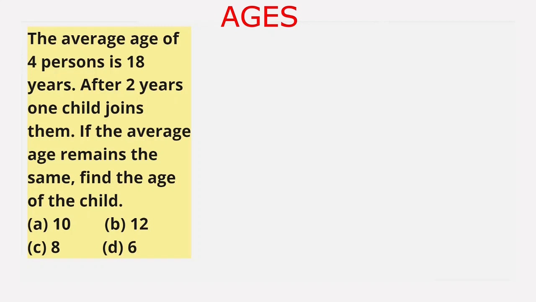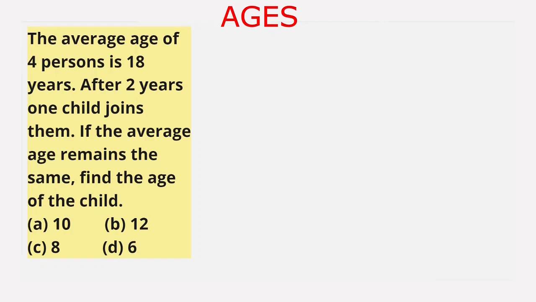So what is the present age of those 5 persons? 2 years is the gap between the previous age and the present age. So 2 years for 5 persons is 10 years. If we subtract 10 from 90, the age of 5 persons comes out to be 80. And in this 80, the 4 persons and one child are there.